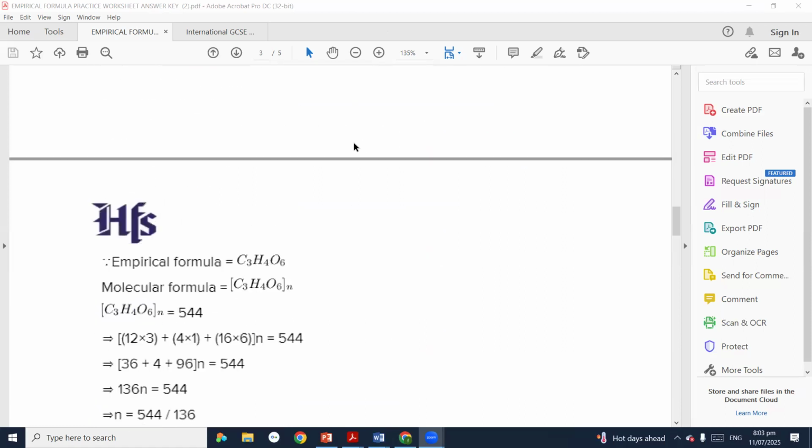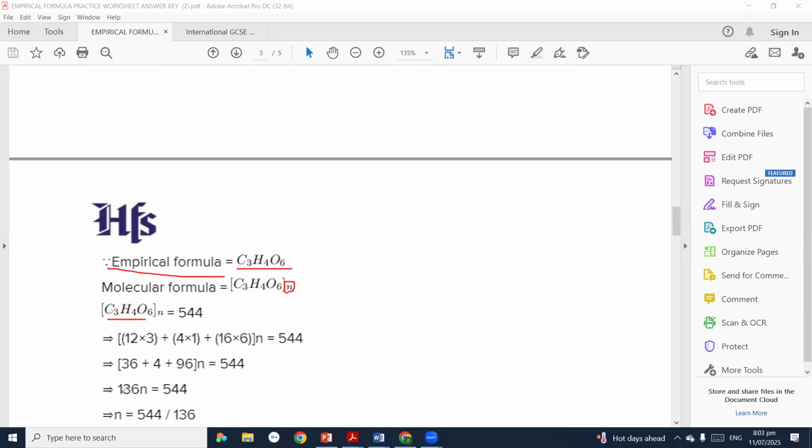Basically, this is the formula. The empirical formula is given, you have calculated it. In this question, you have to calculate the number n. So in the empirical formula, you will calculate the molecular mass.